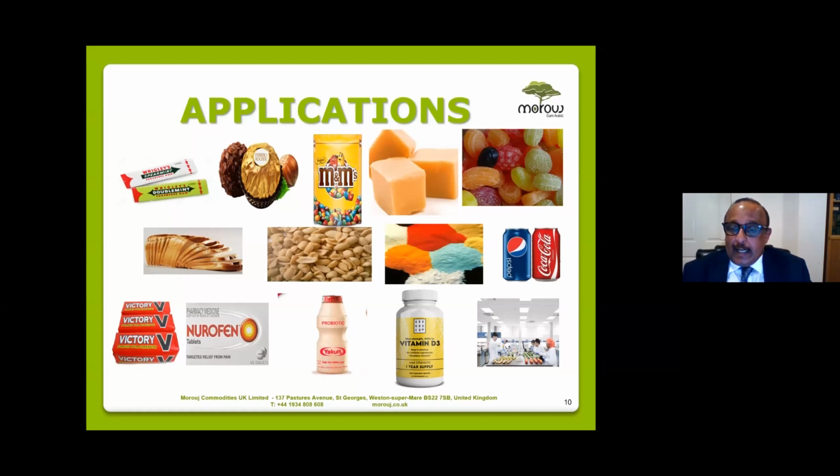So even if you Google it, you will find gum Arabic is part of the ingredients of these products. So it's not just theoretical for me to say it.